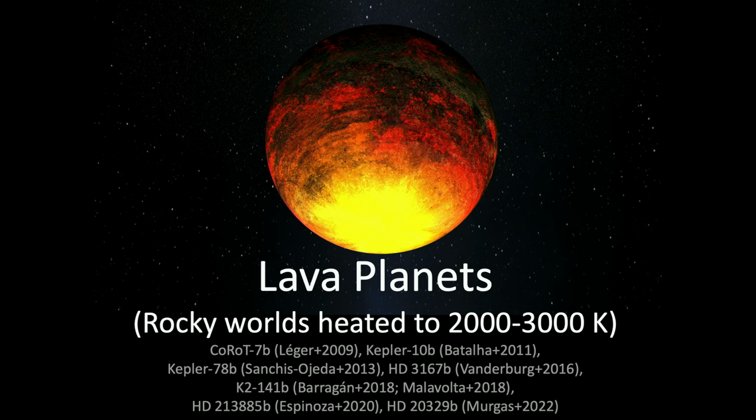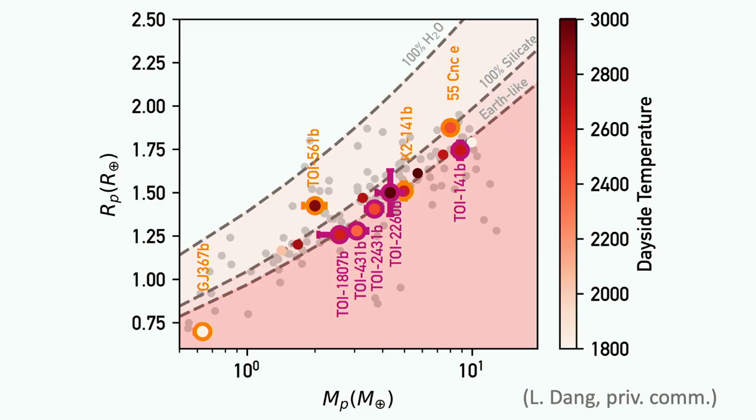But then in normal planets, they cool off pretty quickly and get a solid surface, as happened on Earth. But lava planets are orbiting so close to their star that they're so hot that at least one side is permanently molten. And hence, it's lava. It's like magma at the surface. It's lava. And so, astronomers are not terribly creative with names of things, so we just call them lava planets.